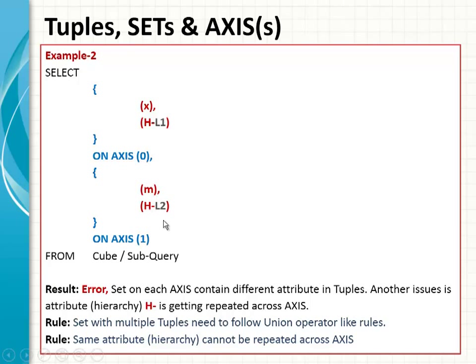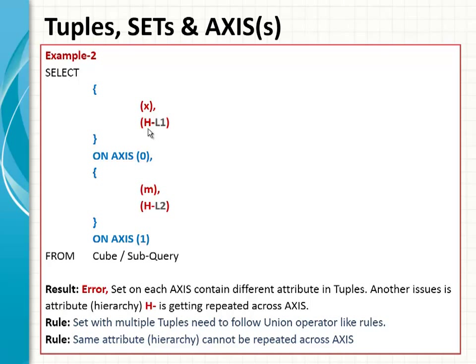The other problem is that attribute h is used across different axes. One of the rules that we need to satisfy is that the same attribute cannot be used across axes, attribute as in the same attribute hierarchy. Even though two different levels are used, all the levels in a hierarchy belong to the same hierarchy, so that way we can say attribute h is used across different axes.